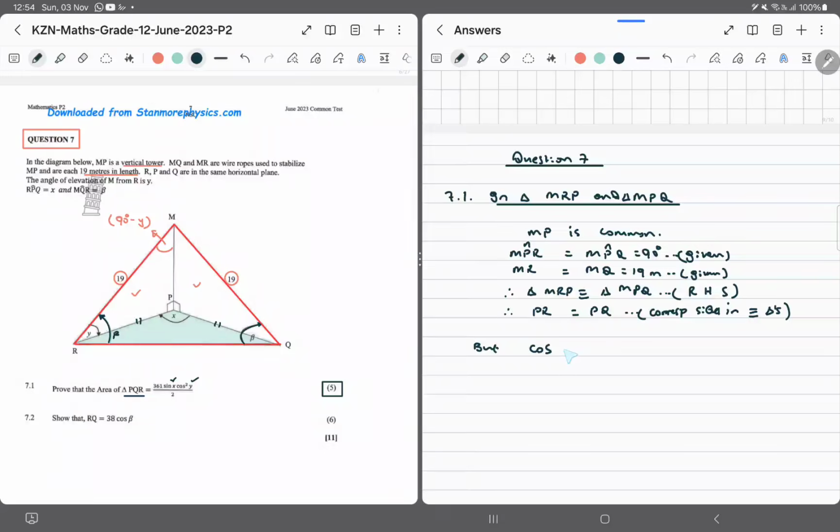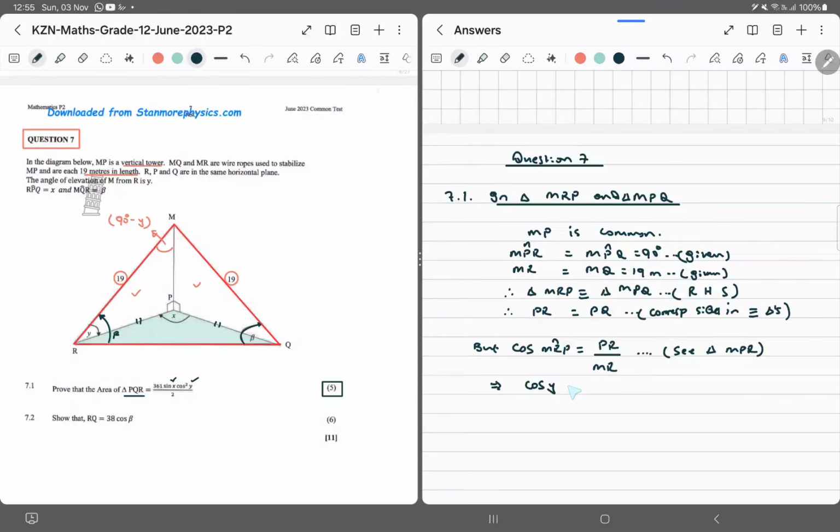So cos of y is equal to PR over MR. Maybe let's say the cos of angle MRP, in triangle MPR, just to point reference to what we are doing.